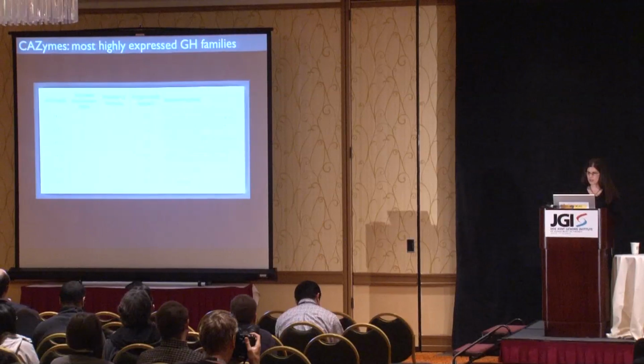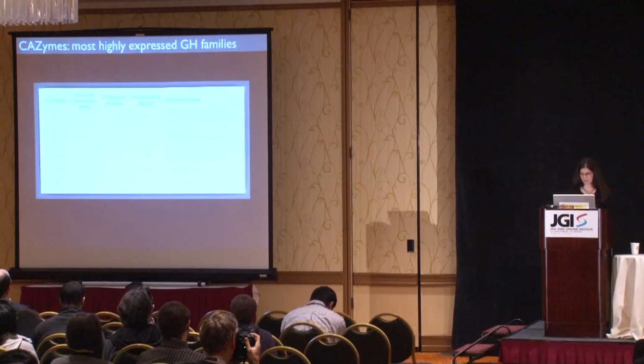And we see breakdown of trehalose and cellulose, as well as glucans and galactans. We can also then go in and look at the SignalP of each of these predicted genes and get a sense for genes that are putatively, or excuse me, proteins that are putatively exported from the cell.